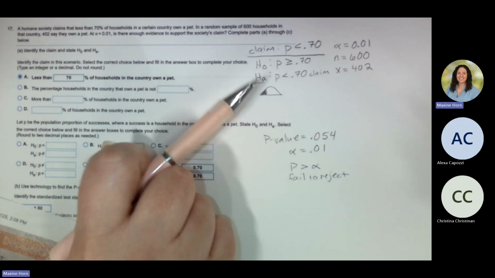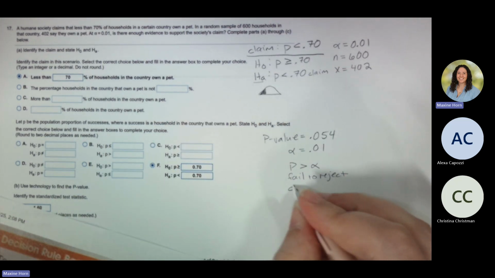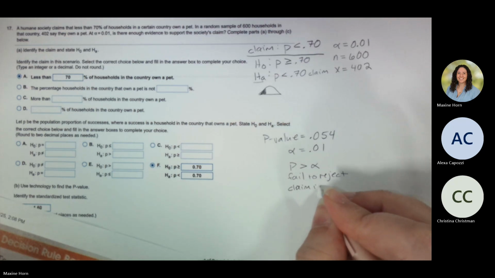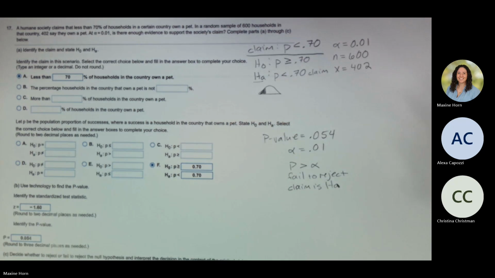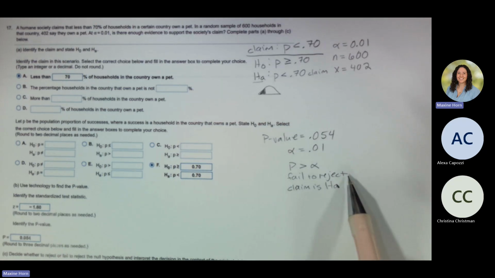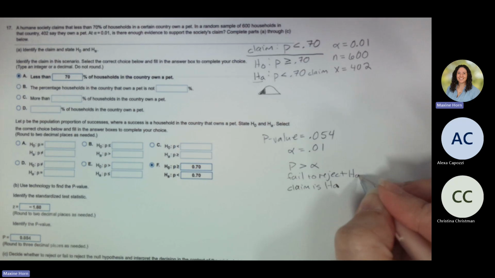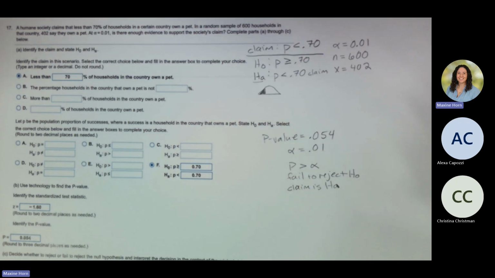And then my claim is the alternative. I always emphasize the little tail on the A so that I don't think that I've written in a 0. Fail to reject the null, and the claim is the alternative.